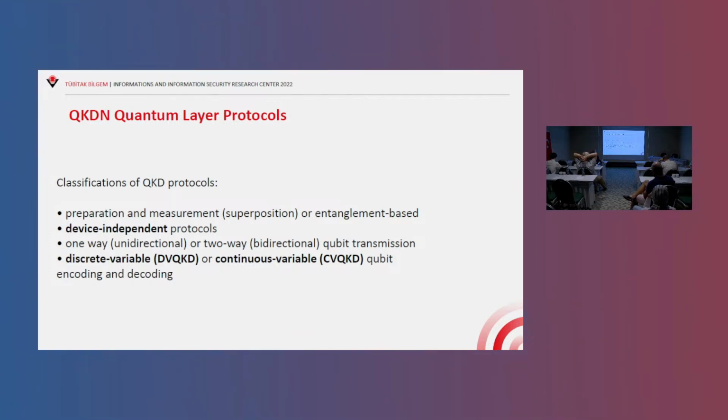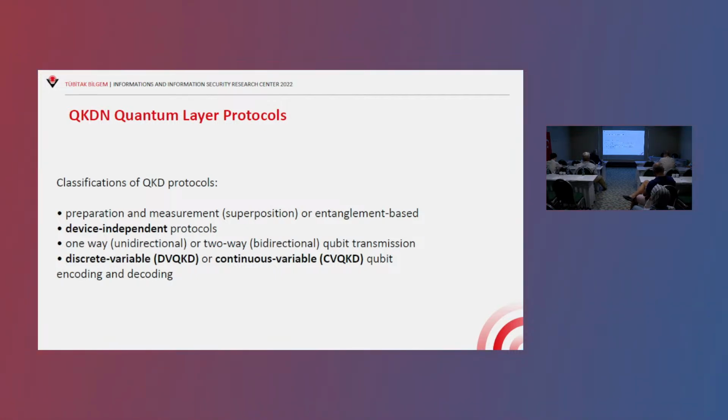Another way to look at these protocols is one-way or two-way, bidirectional or single-directional qubit transmission. And the fourth way that we have not seen so far, but I'm going to explain also, is discrete variable or continuous variable qubit encoding and decoding.